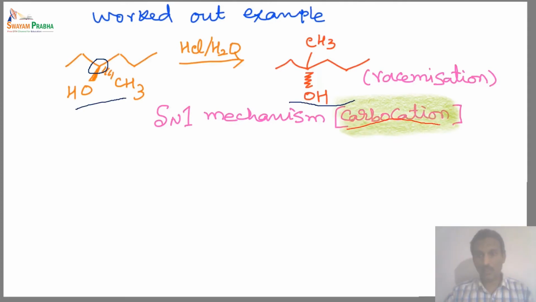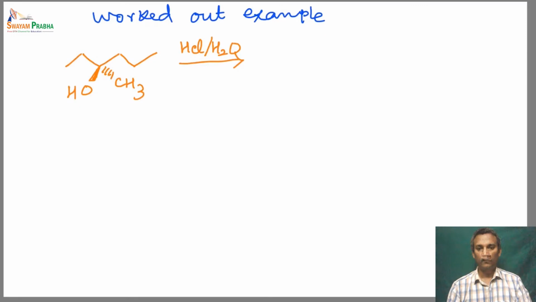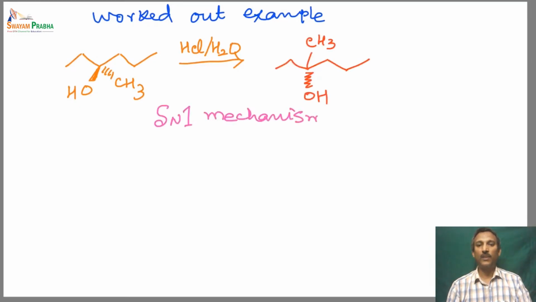The planar carbocation can be attacked from either the top or the bottom side. So this leads to racemization. The carbocation can be attacked either from the top or from the bottom, so we end up with a product where racemization takes place.